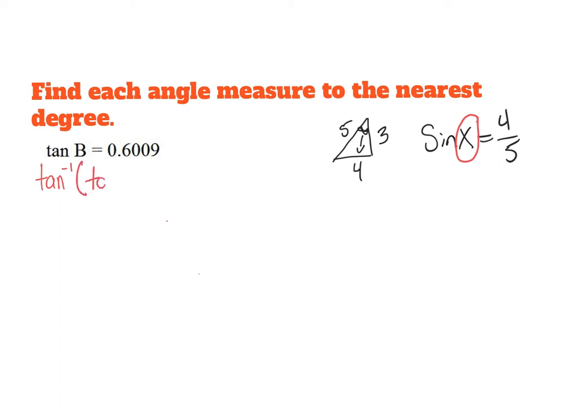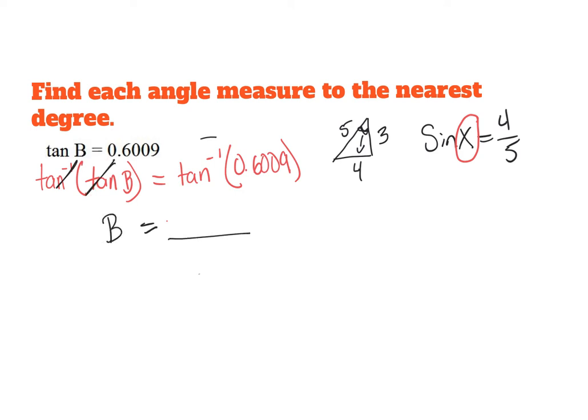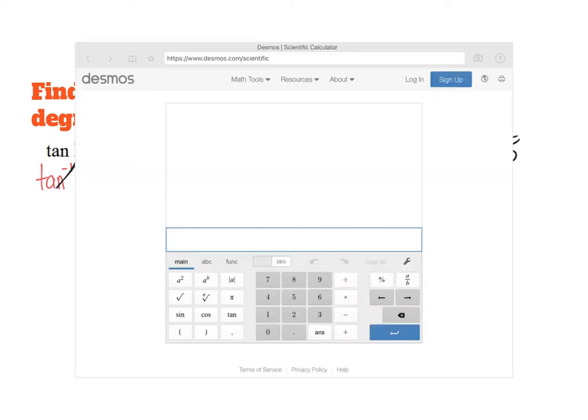Technically, what I do on one side, I do on the other. So we have inverse tangent of my ratio, or decimal, fraction, whatever word you want to use. Technically, b is left by itself, and my angle measure would be whatever my calculator tells me after clicking those buttons.